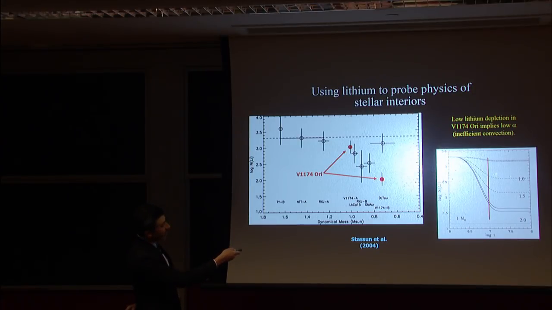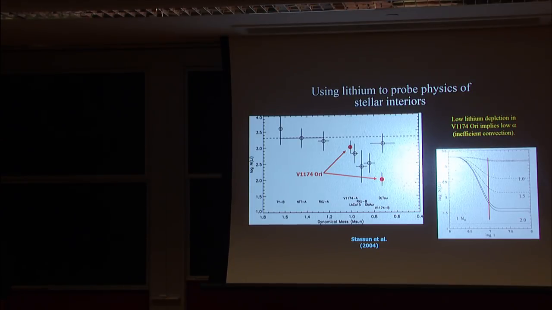And so here again we have a kind of a triangulation on this conclusion that the modest amount of depletion of surface lithium abundance in the 1 solar mass star in the system is most consistent with relatively inefficient internal mixing. If the star had solar-like internal mixing, its lithium abundance would be way down here. Okay? So that is one story about two stars in one system.